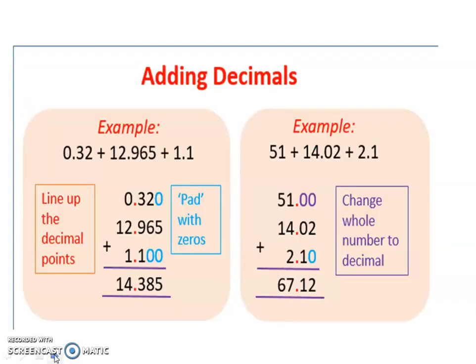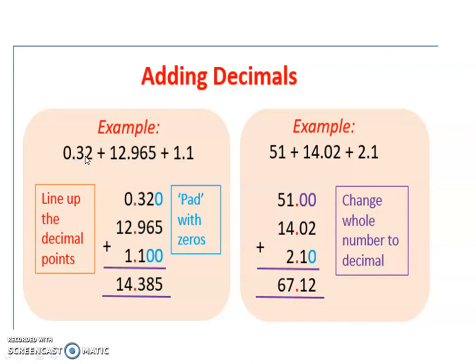Next comes decimals. In decimals, you have learned how to write place value chart, how to write the expanded form, how to write the standard form. Next, we dealt with word problems on addition and subtraction. So here, adding decimals. You should line up the decimal point.